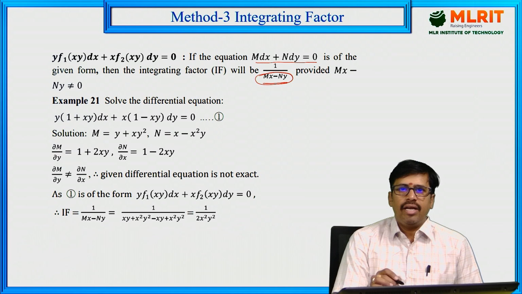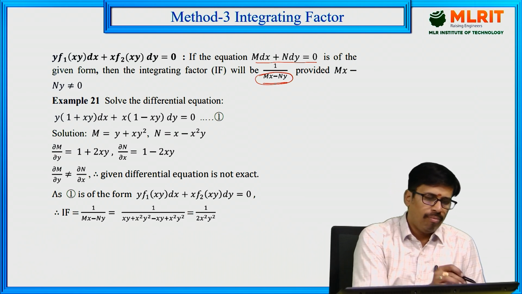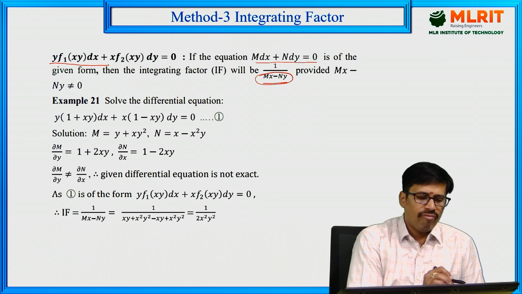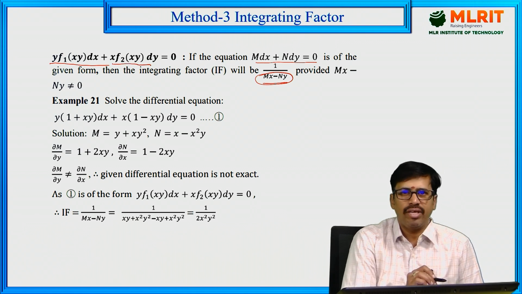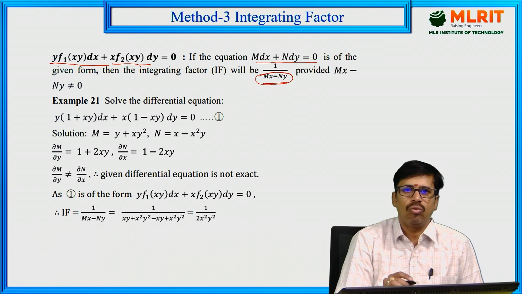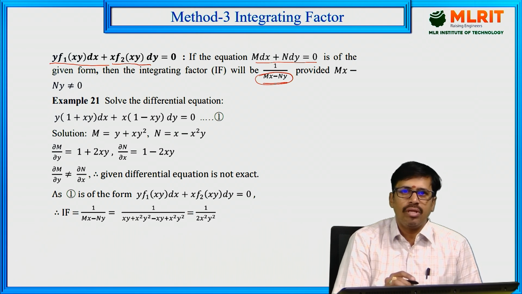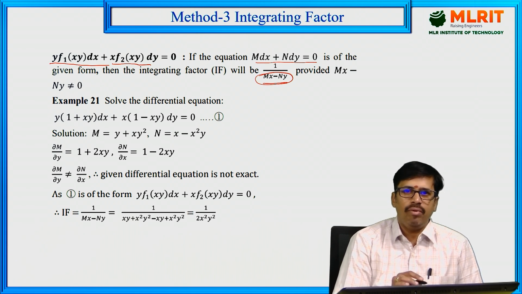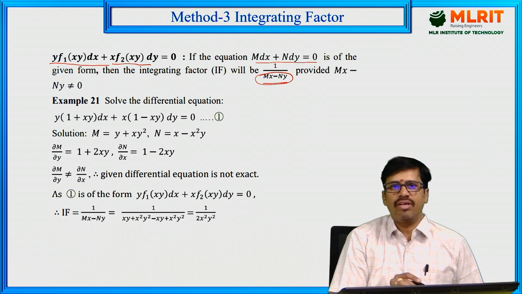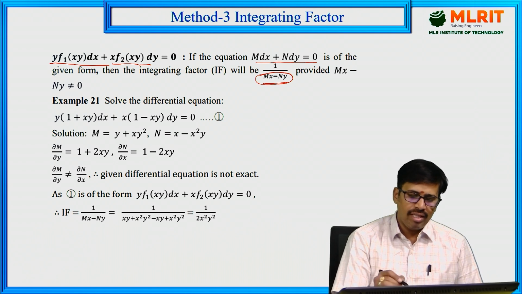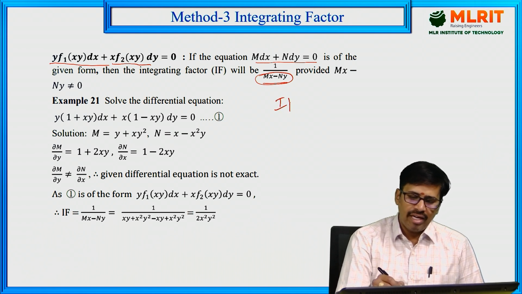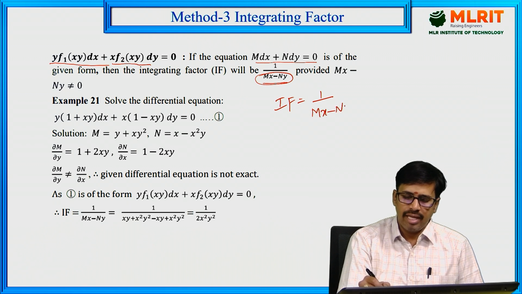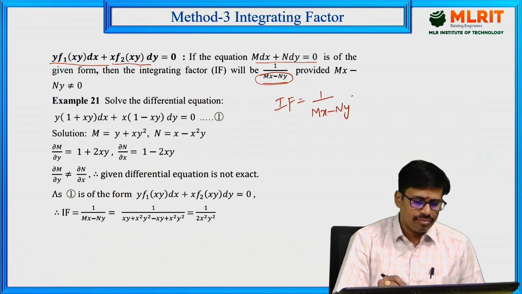This integrating factor is applied only if the given differential equation is of the form y times some function of x and y dx plus x times some function of x and y dy equal to 0. This is a standard form. If it is in the standard form and the equation is not exact, then the integrating factor is 1 by Mx minus Ny.